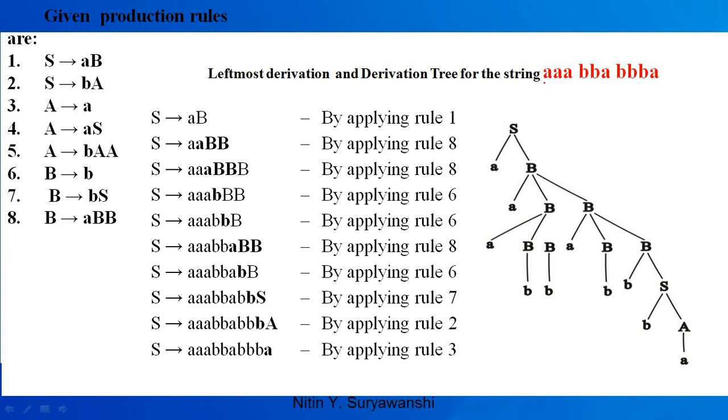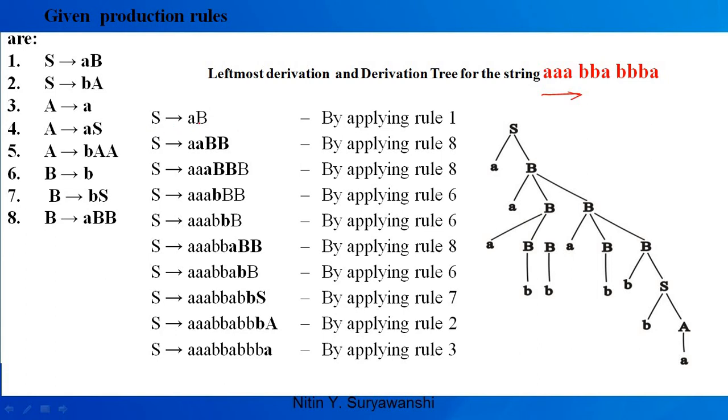So when I write the leftmost derivation, I observe the left-hand side of the string. From left to right I observe the string and solve this one. The first alphabet of this string is a, so by using one of them, these are the two productions in which the starting symbols are there. I need the first a, which means I use the first production rule.